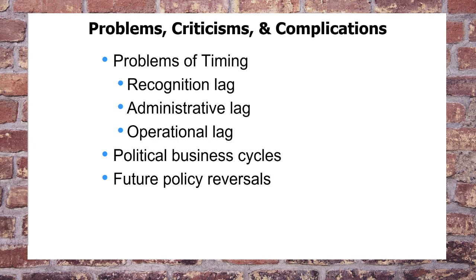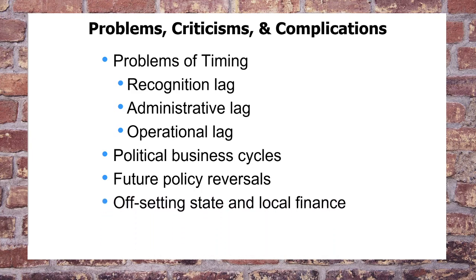Trump comes in, reverses the health care that Obama did. Biden comes in, maybe he'll change the tariffs and some of those other things. Then we have offsetting state and local finance. The president did this policy, and I was no longer able to write off my state income tax and some of the local things that are going on. Then there is the dreaded crowding out effect.